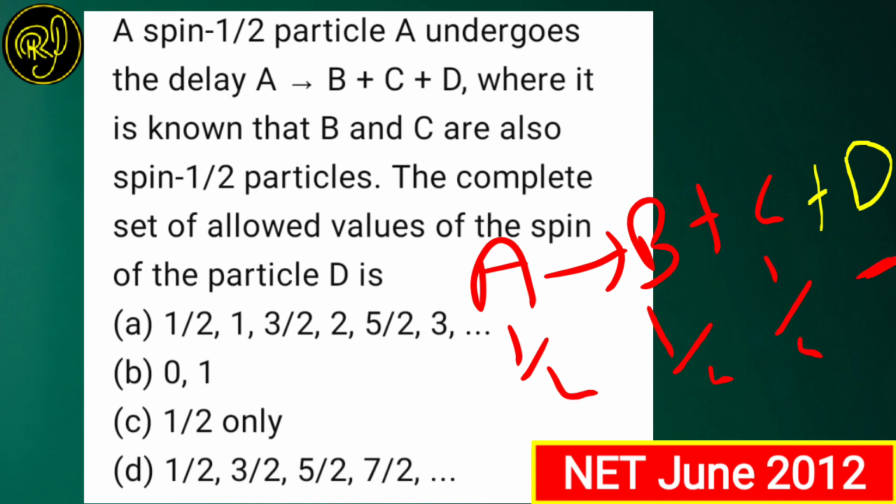Then what should be the spin of D? You have four options with you, that is A, B, C and D. So you have to take only one option out of these four options. So let us now solve this question.